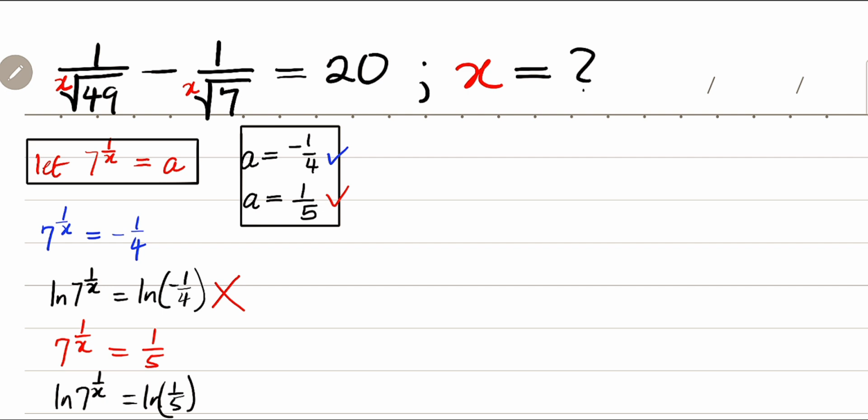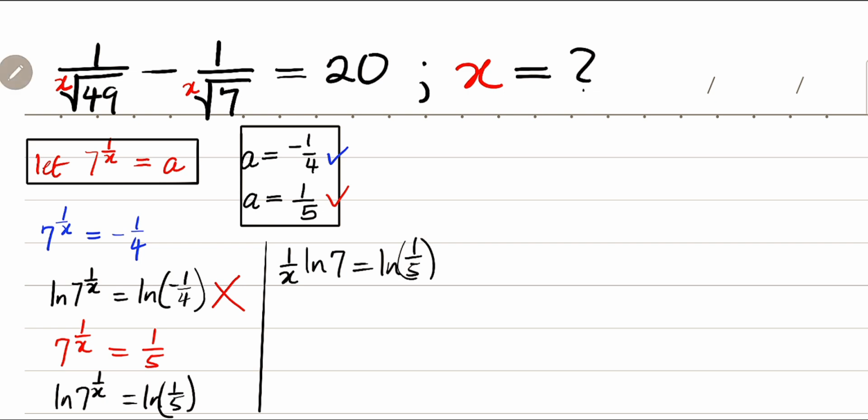Okay, so applying the power law of logs to this, we end up having 1 over x times ln 7 equals ln of 1 over 5. Okay, all right, so all we need to do here is multiply both sides by x.